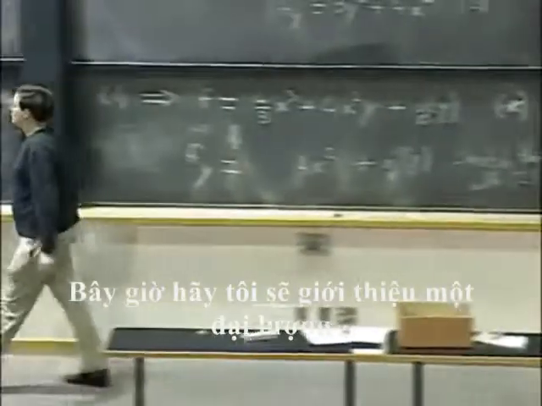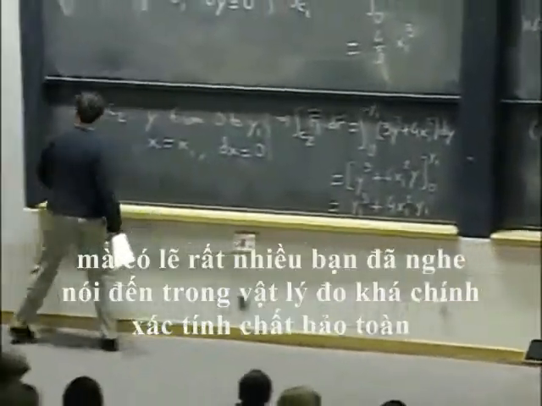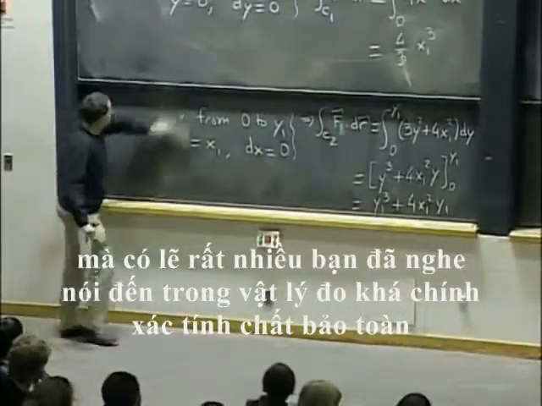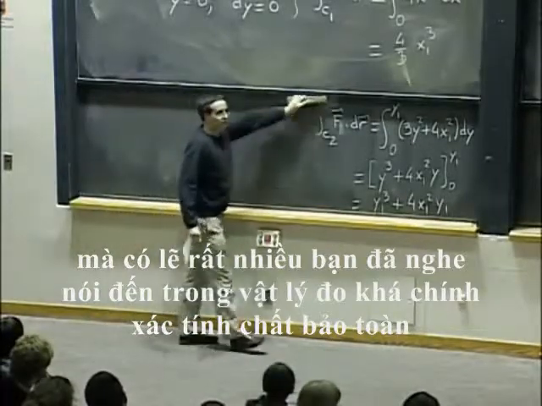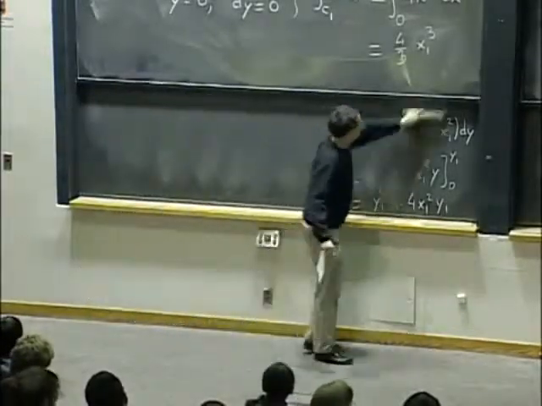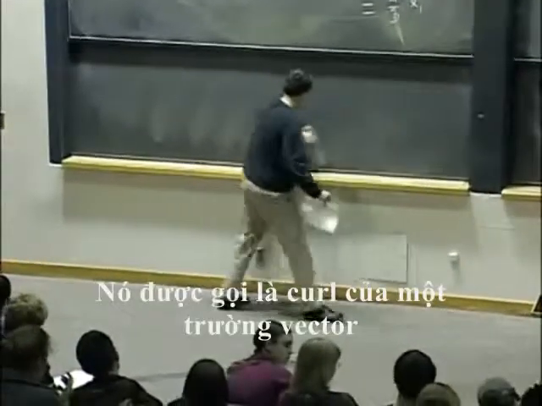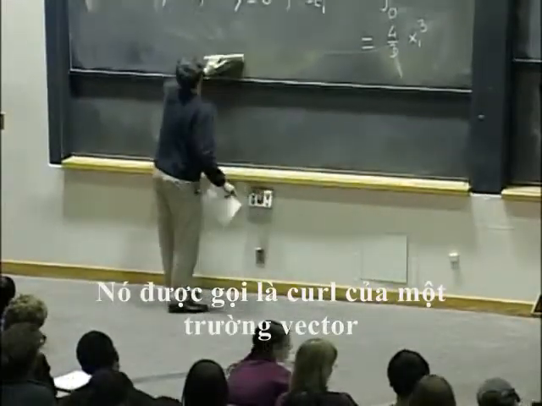Now let me introduce a quantity that probably a lot of you have heard about in physics, that measures precisely failure to be conservative. That's called the curl of a vector field.